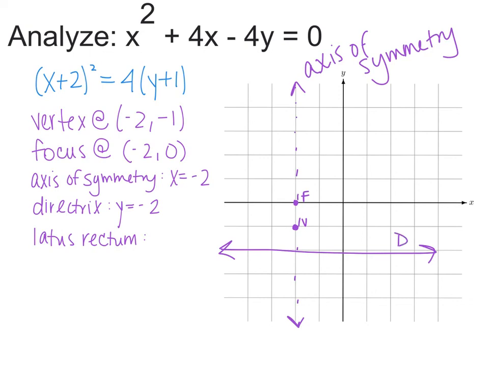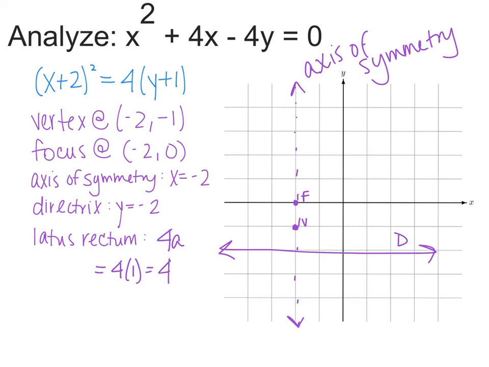So in order to make the curve and make it accurate, I need something called the latus rectum. Now, that tells me the length through the focus between the edges of the parabola. So I know that that is 4a, and my a value comes from here. Remember, it's 1. So that's going to be 4 times 1, which is 4.